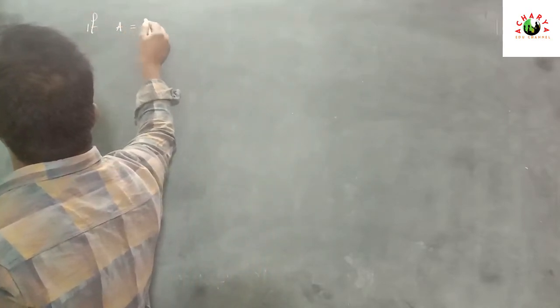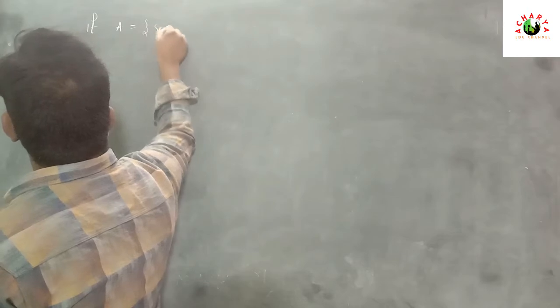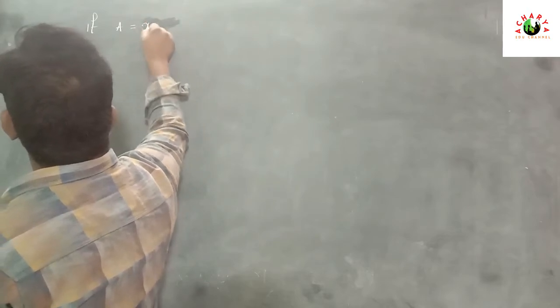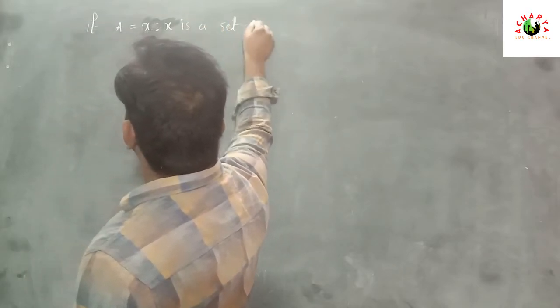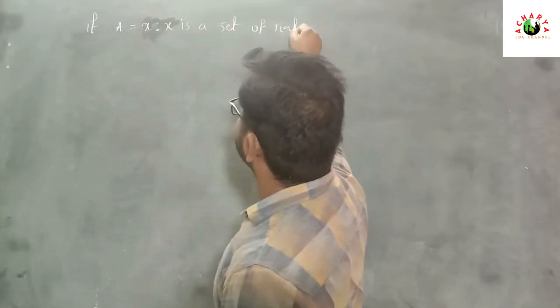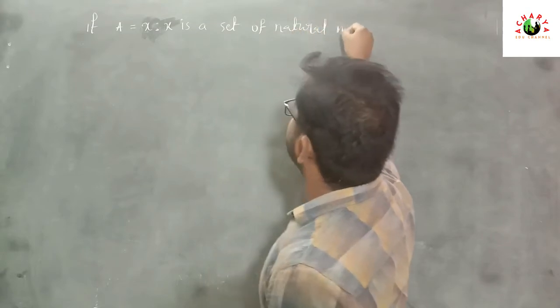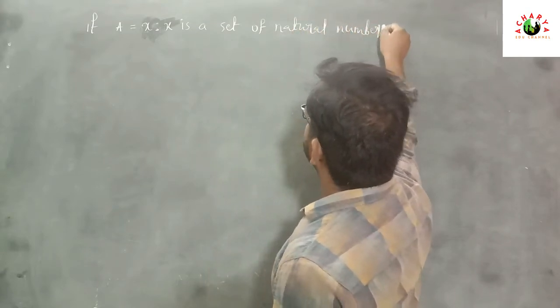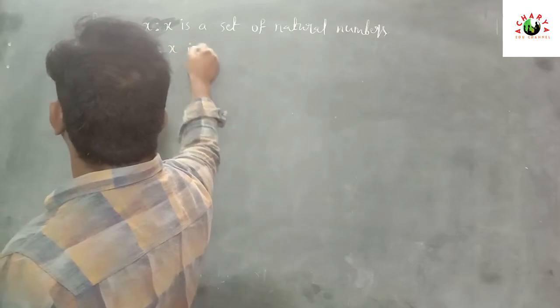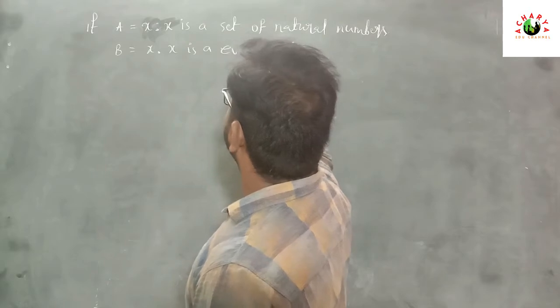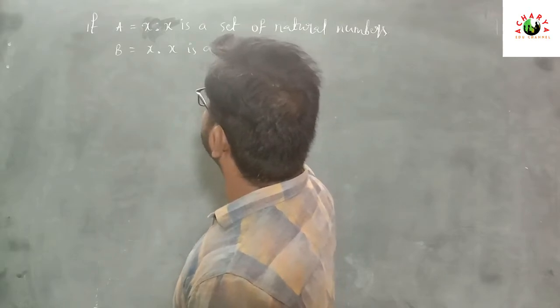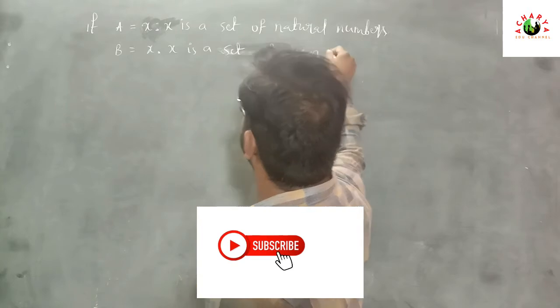Okay, I am writing one question. If A is equal to {X such that X is a natural number}, set of natural numbers. Next, B is equal to {X such that X is an even natural number}, set of even natural numbers.